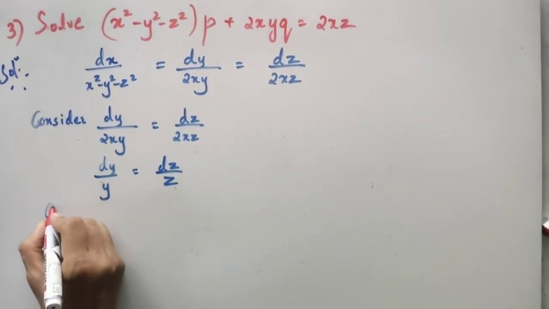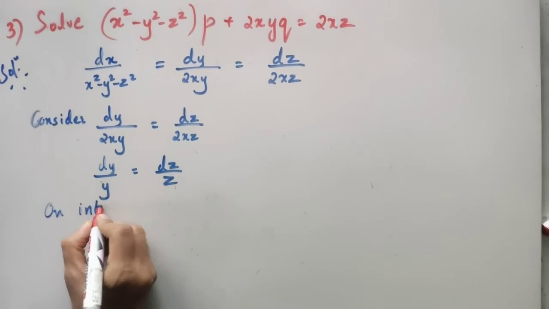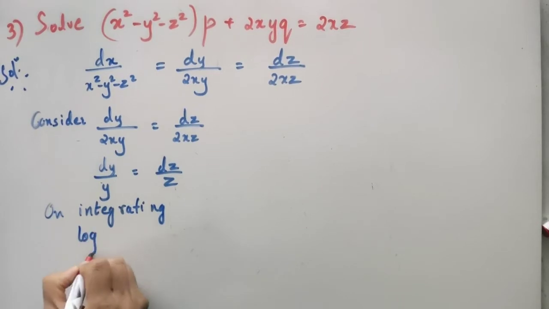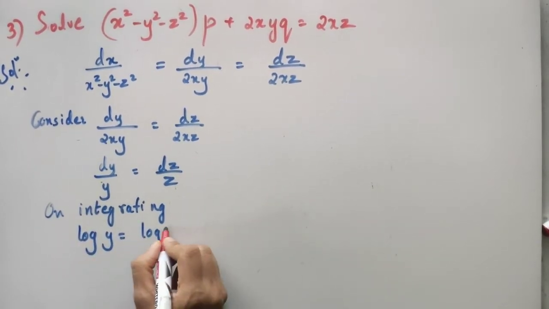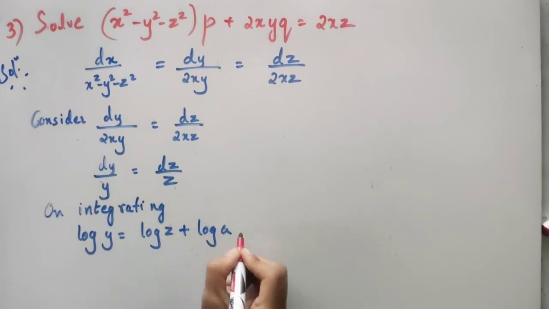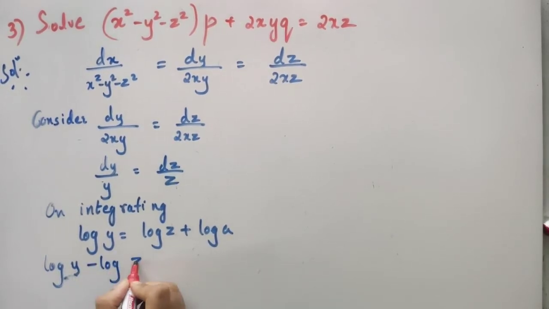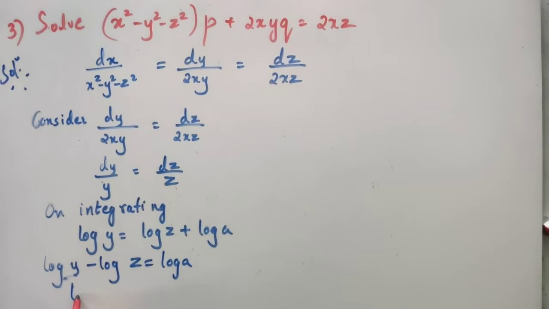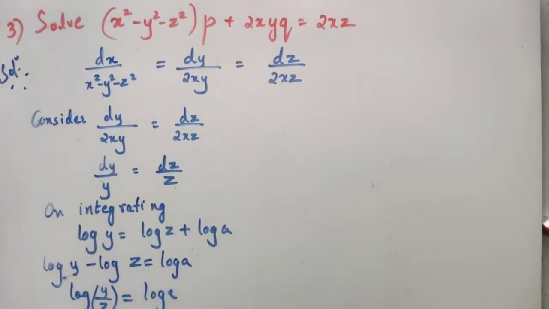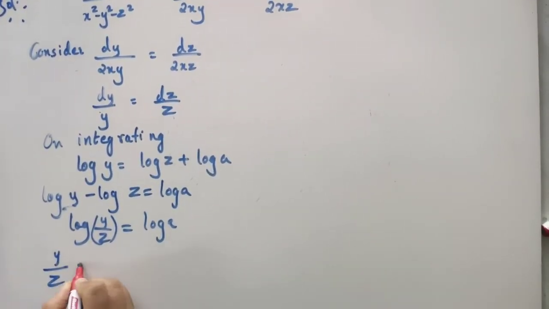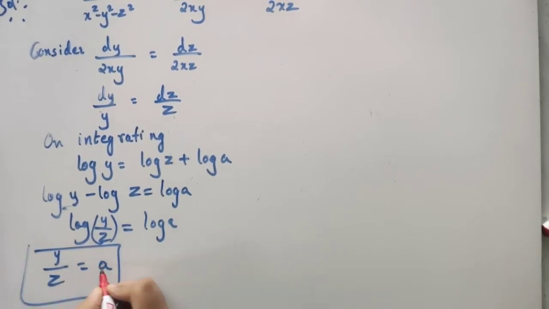On integrating, you get log y = log z + log a, or log y − log z = log a, or log(y/z) = log a, or y/z = a. This is your first solution.